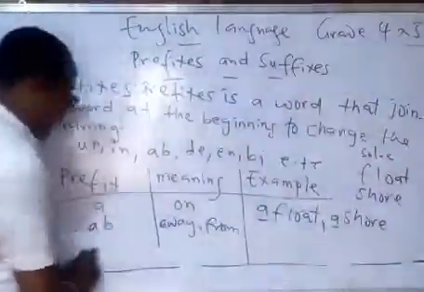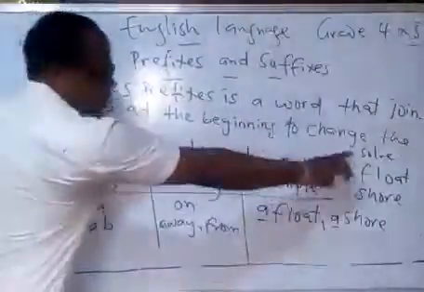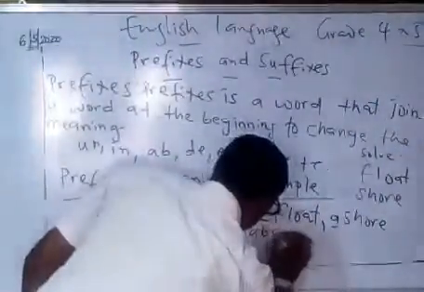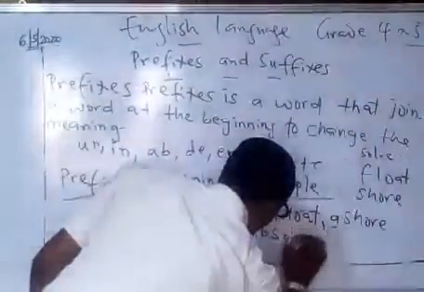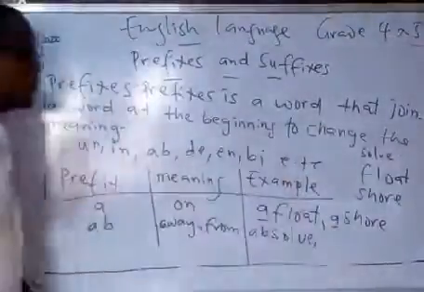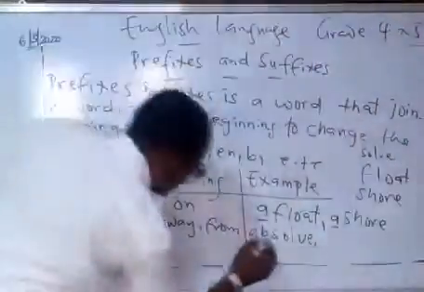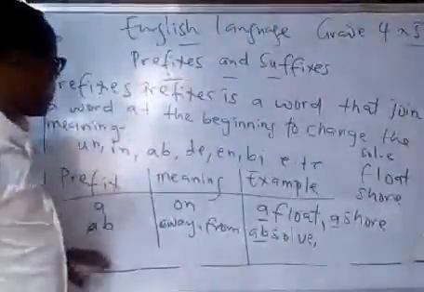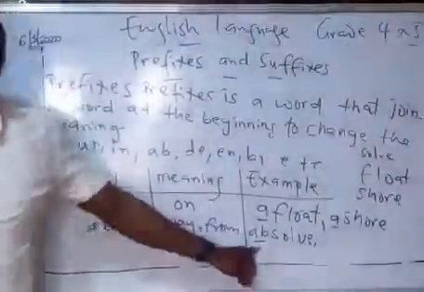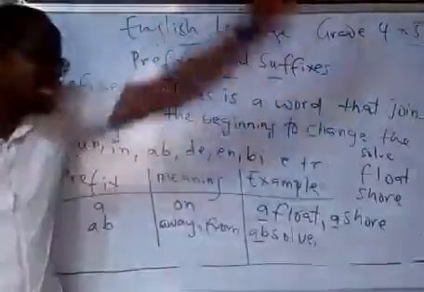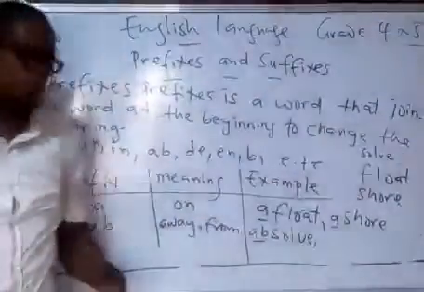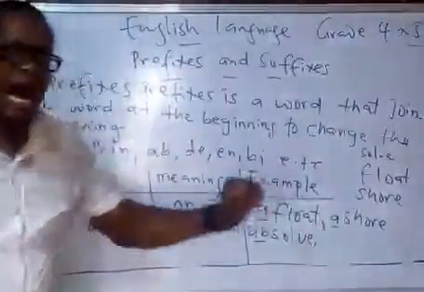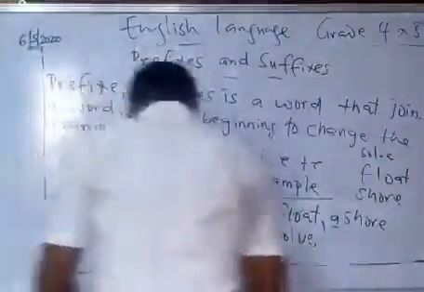If I add this ab to the beginning of solve, it becomes absolve. This prefix ab was added to solve, and it becomes absolve.